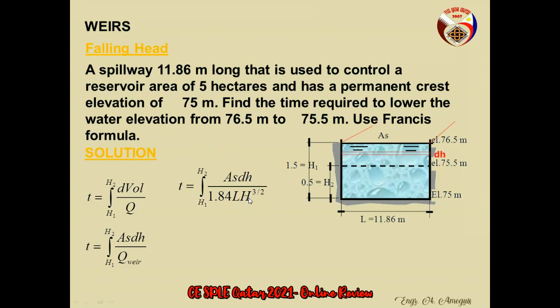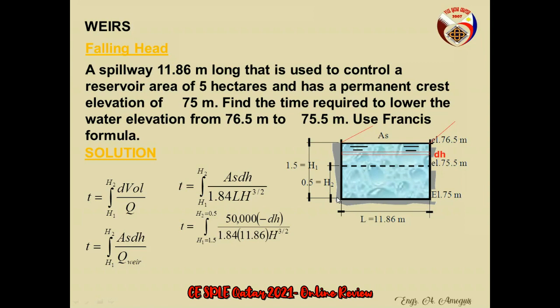So I can bring this H up, so I take out ES and 1.84 L, and then H raised to negative 3 halves. Right? Or you can just leave it and integrate, but the calculator may have difficulty, so it's better to bring it up. Now, why did I put a minus on dH? Look at the limits: H1 is 1.5 and H2 is 0.5, meaning my height is dropping.